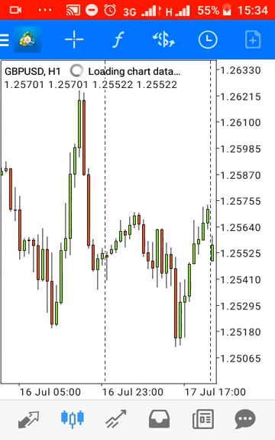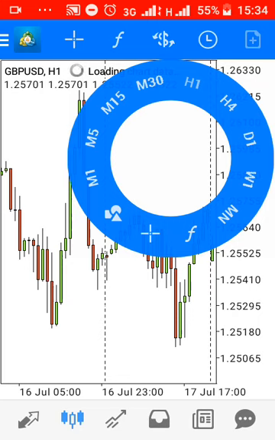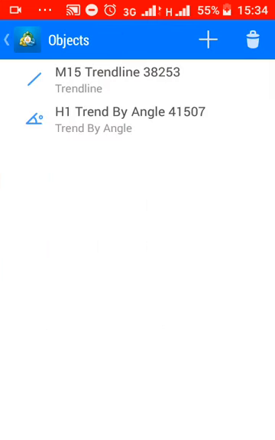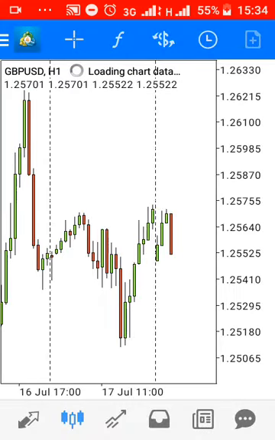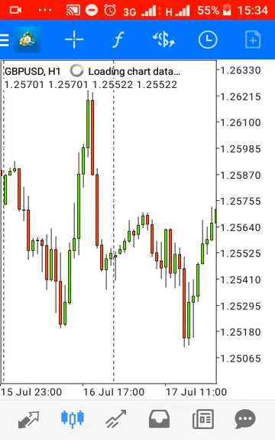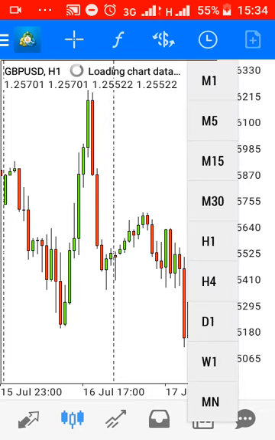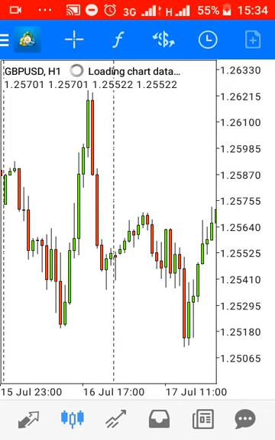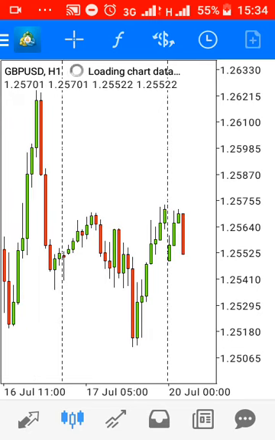Then we teach our students how to make analysis, how to put some lines there, trend lines, support and resistance, all those kinds. Hope you are getting it.